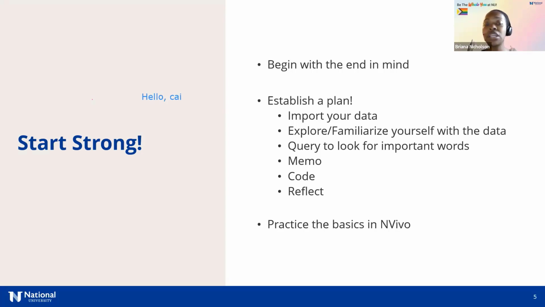So we want to make sure that each of your files is individually saved and named. Also, you want to make sure that your data is clean and ready for analysis. That means that if you have transcribed it yourself, you've reread it to make sure that it's accurate. If someone else transcribed it, you've reread it to make sure that it's accurate.